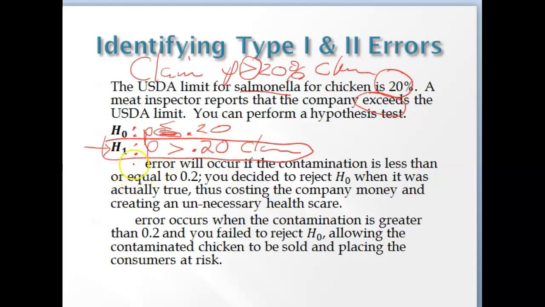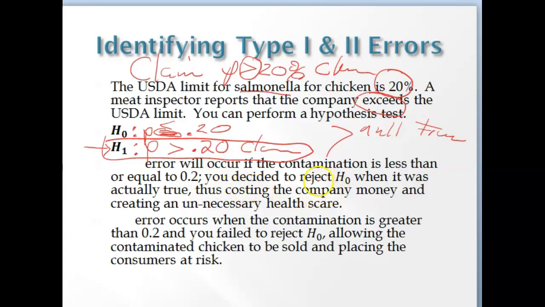So let's see if we can identify the type errors here based on these particular statements. What error will occur if the contamination is less than or equal to 0.2 and you decide to reject the null hypothesis when it's actually true? So here we're saying in the first statement that the null hypothesis is actually true, and you reject it.